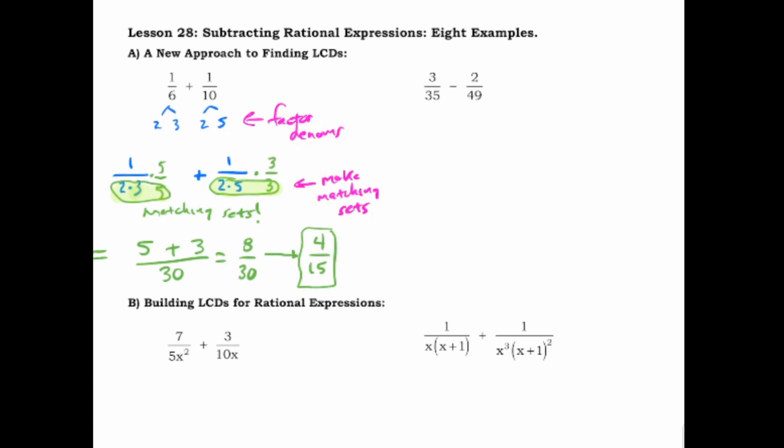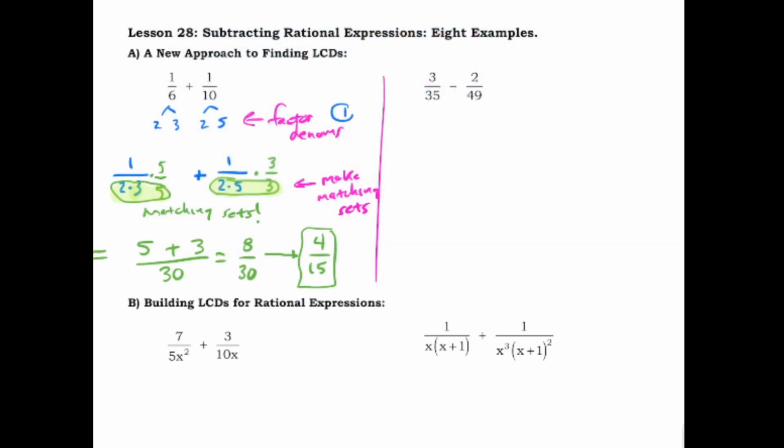It's really cool. Watch how it works on this one over here. You got a 35, you got a 49. Do you really feel like trying to find a common denominator in your head? I suppose you could multiply 35 times 49 if you wanted to, but that's going to be too huge. It's certainly not going to be the least common denominator. So let's follow what we were doing over here.